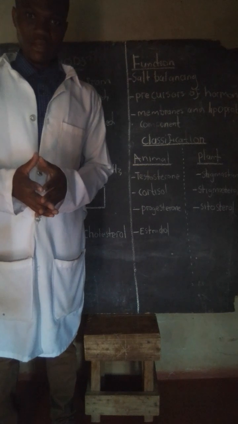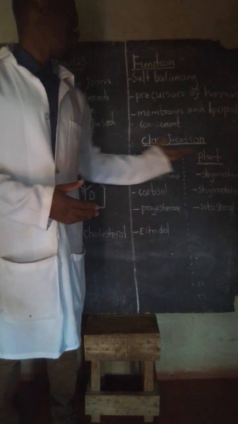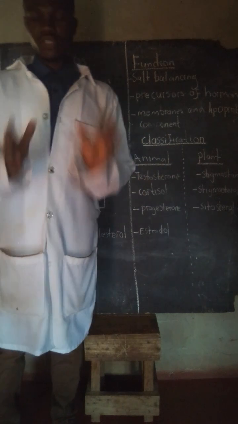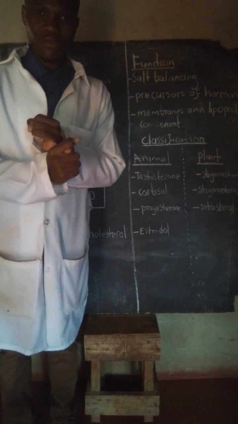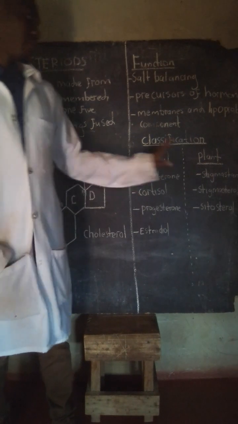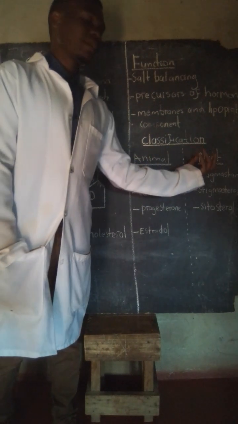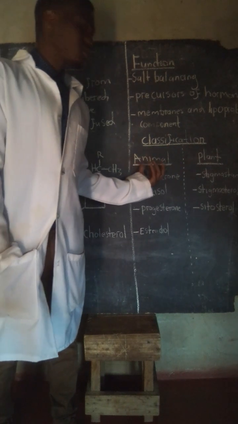Ladies and gentlemen, the other thing I want to talk about is how we can classify these steroids. You can either have an animal steroid or a plant steroid. So what I've done, I've separated them: animals on this side, and plants on this side.